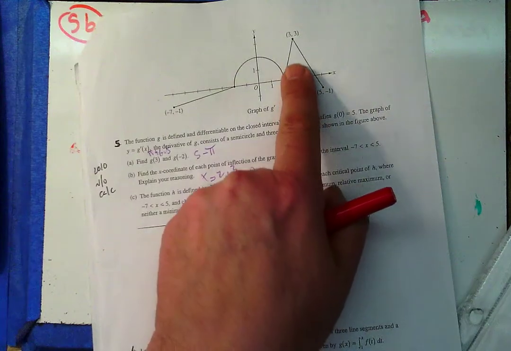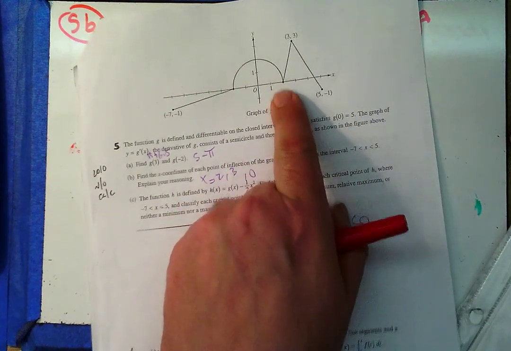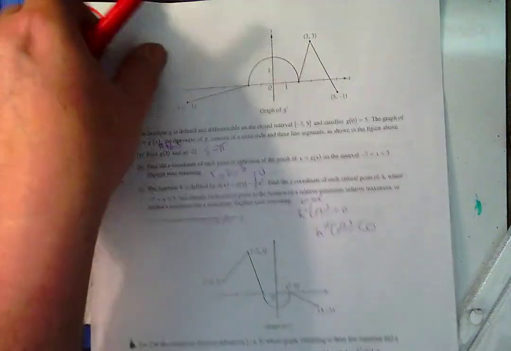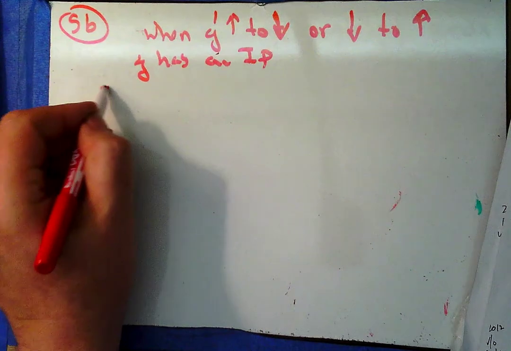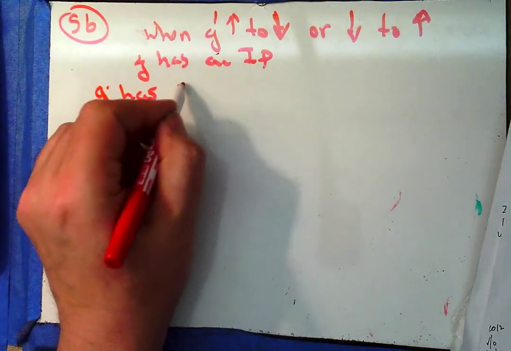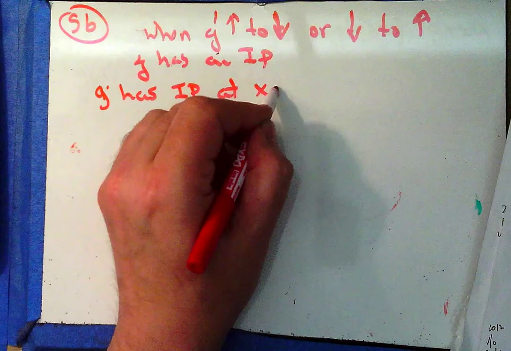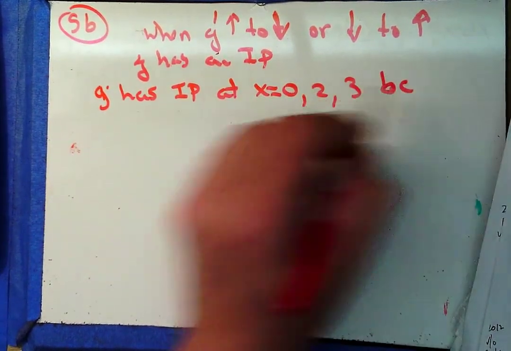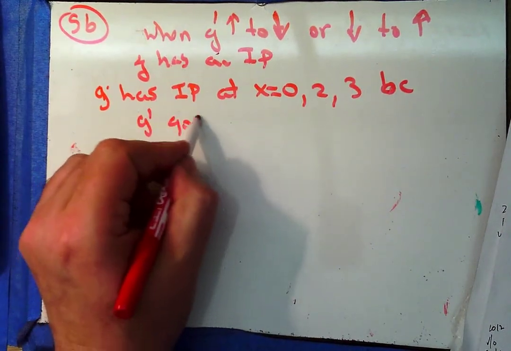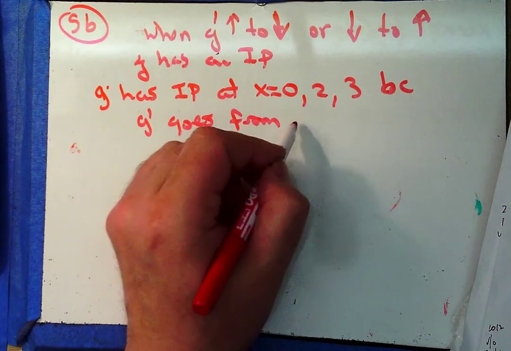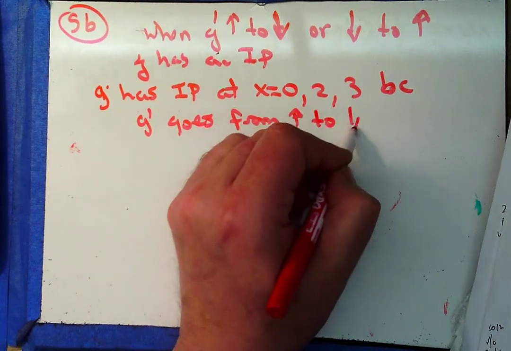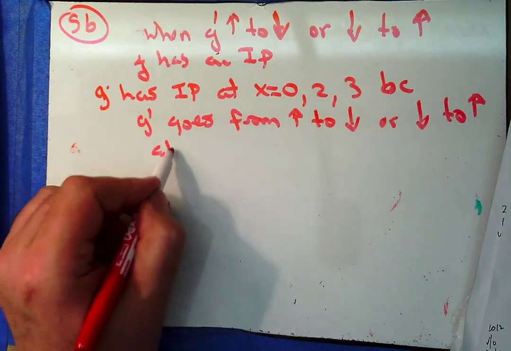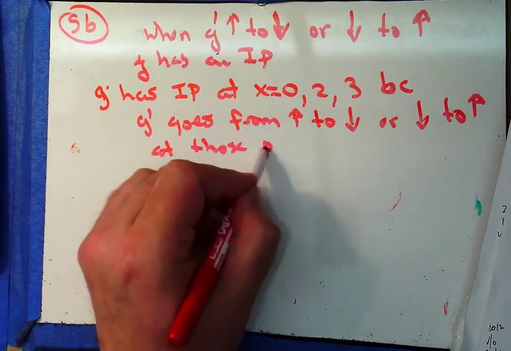Decreasing, up, increasing. There's an inflection point at 2. And increasing, up, decreasing at x equals 3. So g has inflection points at x equals 0, 2, and 3 because g prime goes from increasing to decreasing or decreasing to increasing at those points.